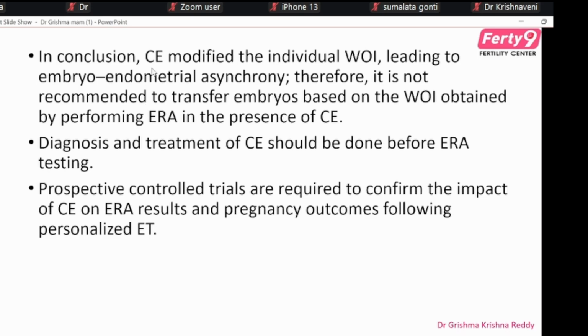Whenever chronic endometritis modifies the WI, leading to embryo-endometrial asynchrony, it is not recommended to transfer embryos based on the window of implantation obtained by performing ERA in the presence of chronic endometritis. First treat chronic endometritis, and only then do ERA testing.